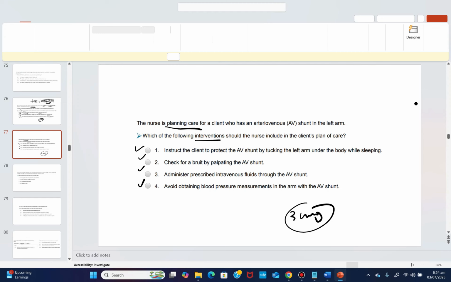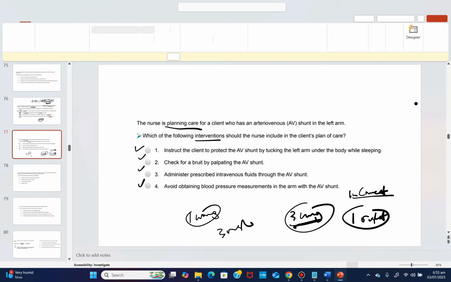If the examiner is asking for correct intervention, then it means that 3 interventions will be wrong and 1 is going to be right. But if NCLEX is asking for incorrect intervention, it means that 1 of the interventions will be the wrong intervention and 3 will be right, so you need to select wrong.